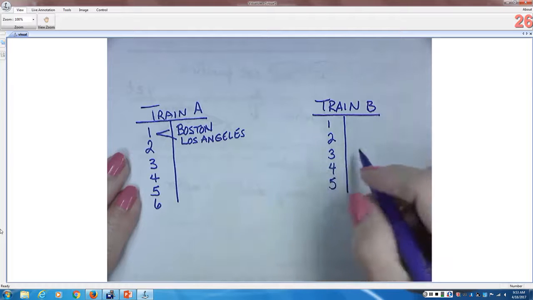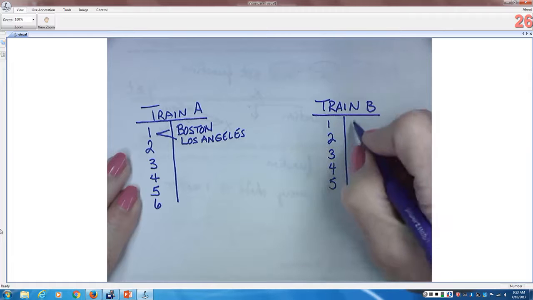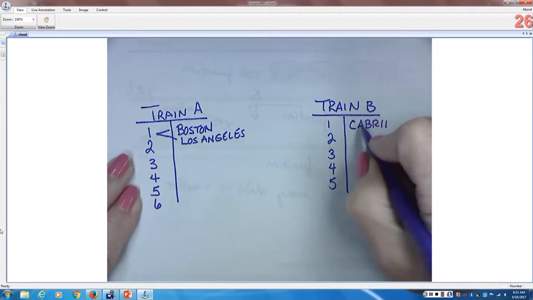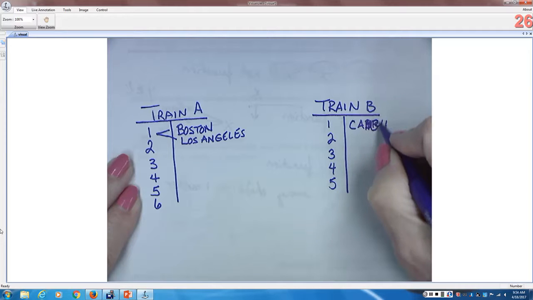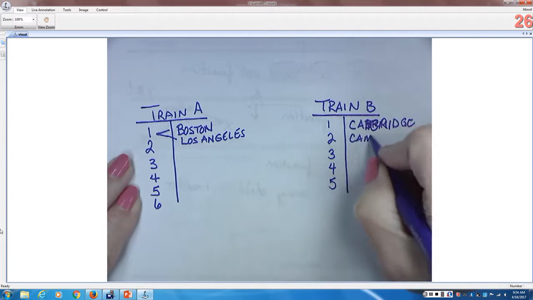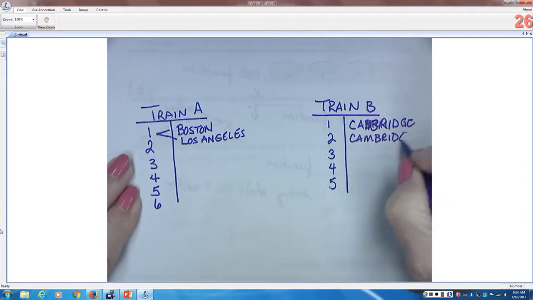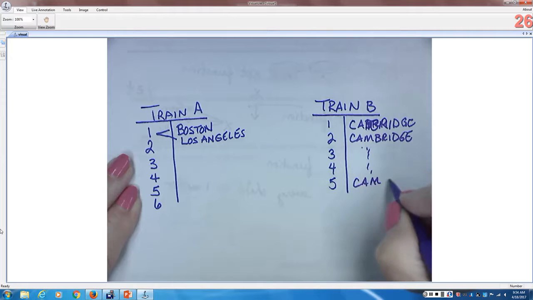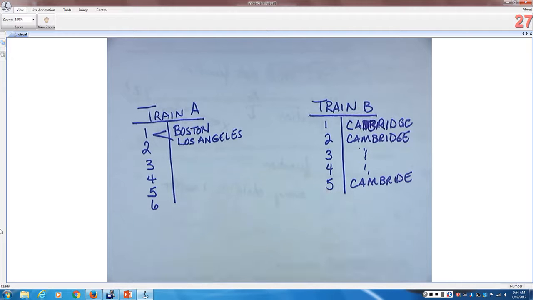Train B can go on day 1 to let's say Cambridge, if I'd learned to spell. So all of these are Cambridge. Is this a function? Train B's job is to go to Cambridge. It doesn't have to go anywhere else.